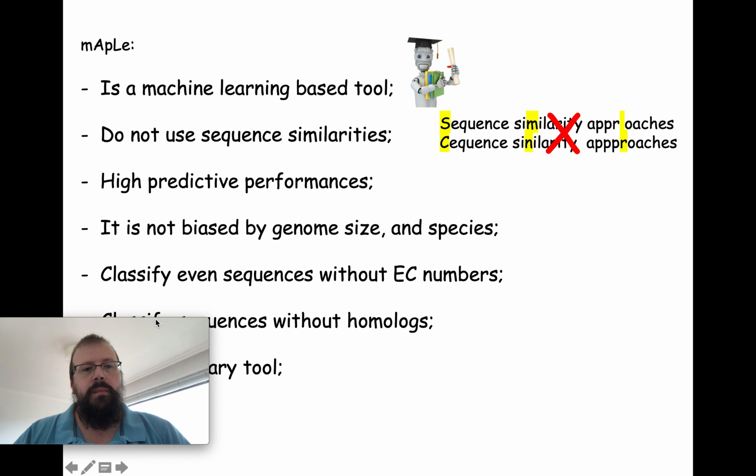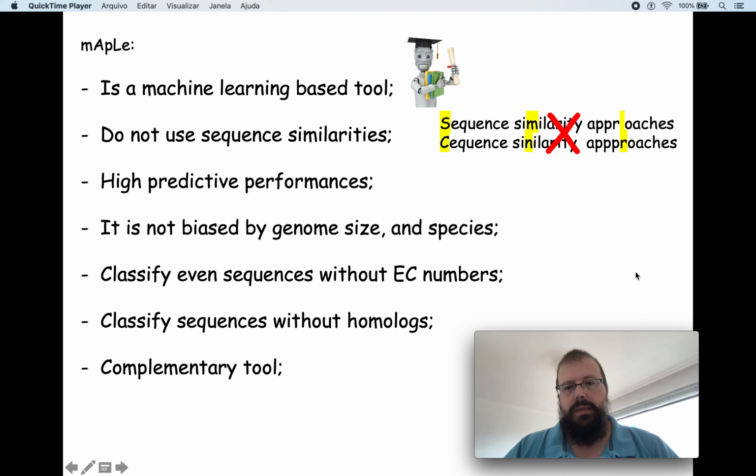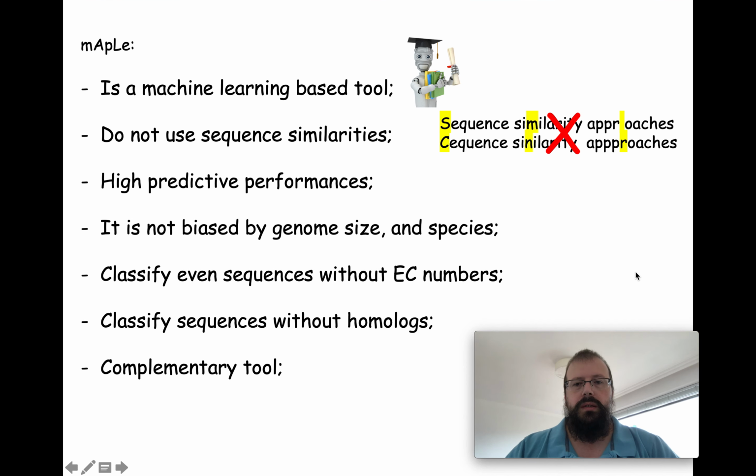So, what is mApLe beyond prediction of metabolic pathways? It's a machine learning based tool that does not use sequence similarity. It has a high predictive performance.